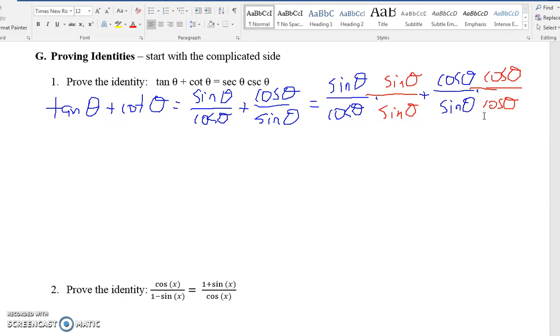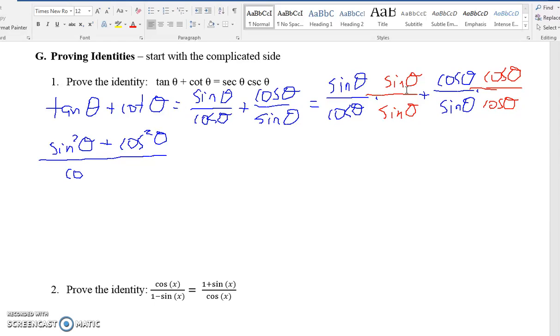Okay, so I go to my next line here, go back to blue. In my first fraction here, sine times sine, that's just going to be sine squared in the numerator, so sine of theta being squared. My second numerator is going to be cosine squared. And then I'm kind of combining the fractions at the same time.